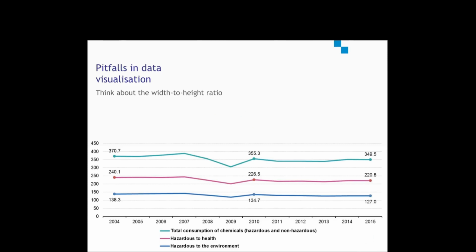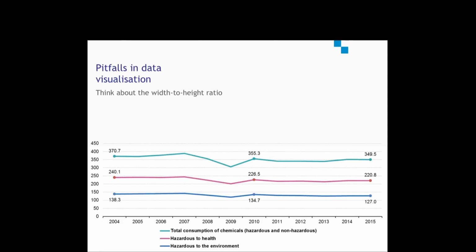Then what is often overlooked in data visualization is the aspect ratio of a visualization, or the ratio between the width and the height, because this will determine a lot of how a chart looks and what people will be able to see in the visualization. So here's an example of a chart that is very wide but not very high, and it's actually the y-axis on this chart that is encoding the data that the author wanted to show.